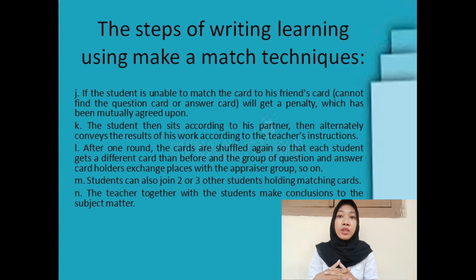After one round, the cards are shuffled again so that each student gets a different card than before, and the groups of question and answer card holders exchange places with the appraiser groups and so on. Next, students can also join 2 or 3 other students holding matching cards. And the last, the teacher together with the students make conclusions on the subject matter.